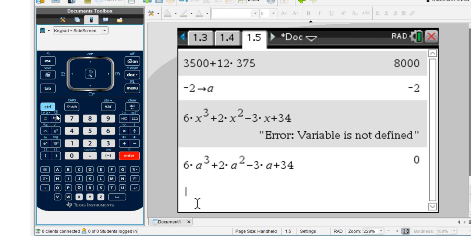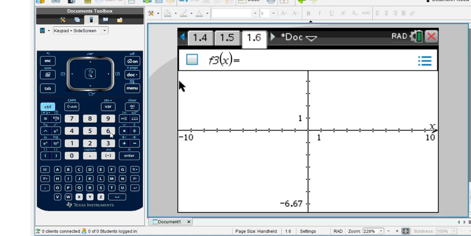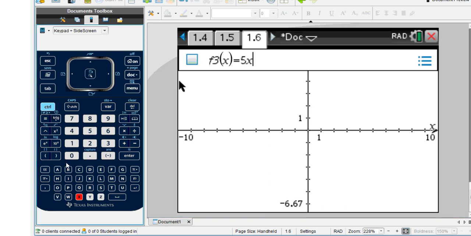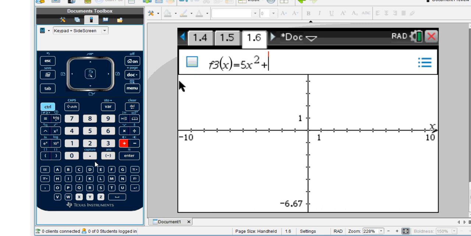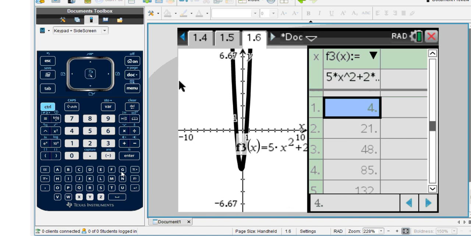We go here, Control I. We'll just try them one at a time. We'll put 5x squared plus 2x minus 3. Okay, graph, go to table view, Control T, and we'll see what we have here.